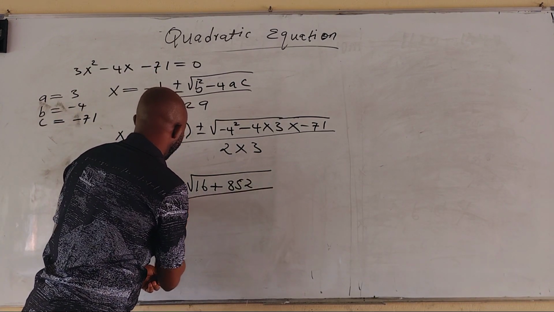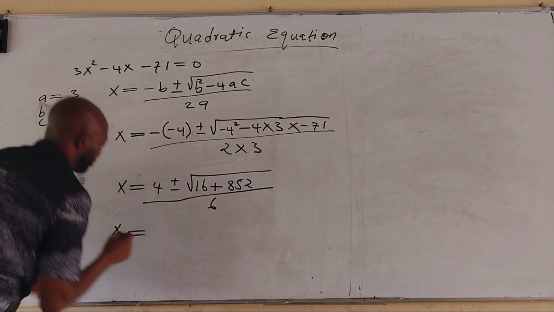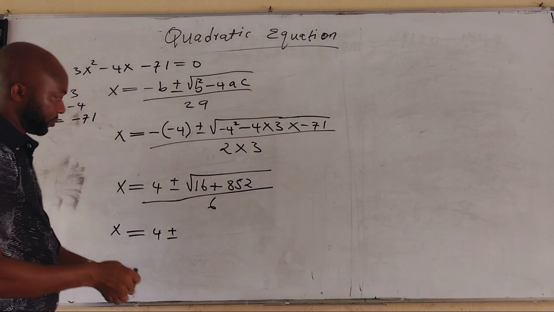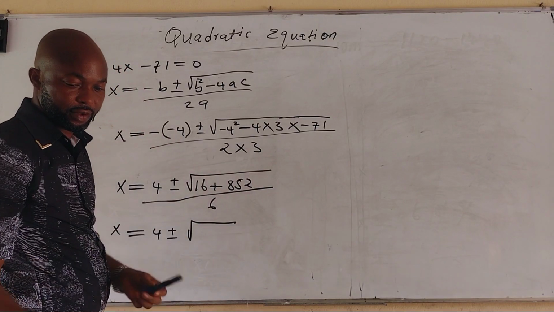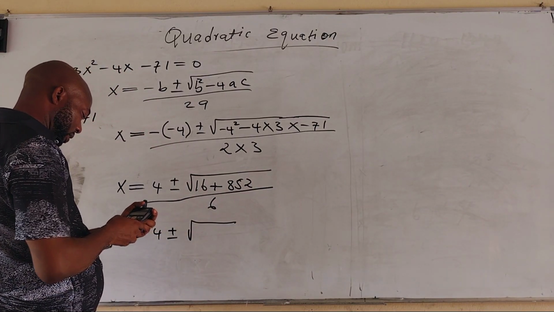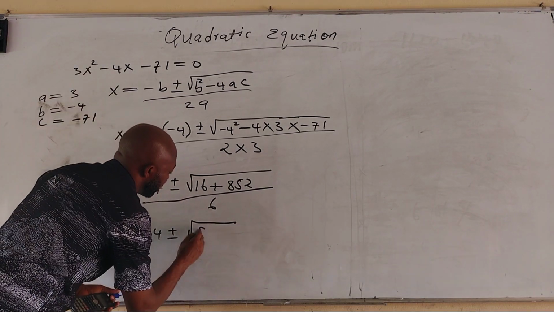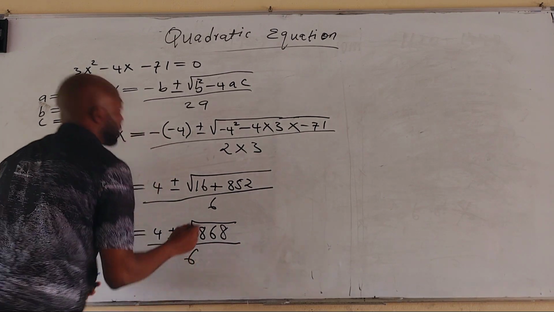852 over 6. X is equal to 4 plus or minus the root of 852 plus 16, that is 868, over 6.